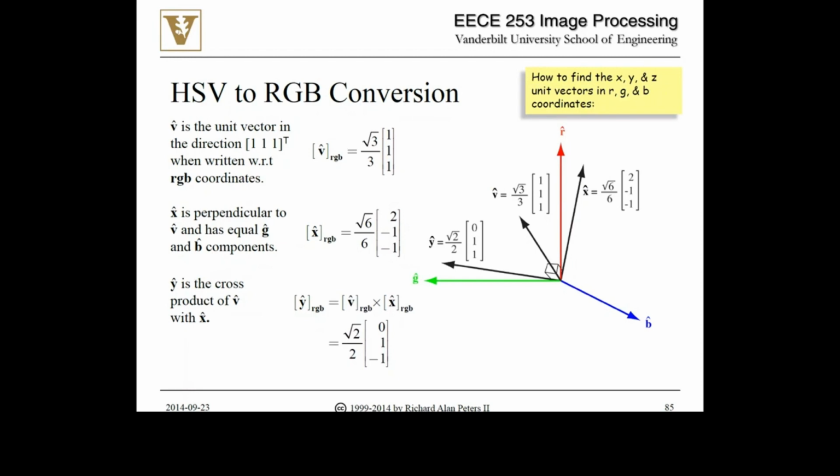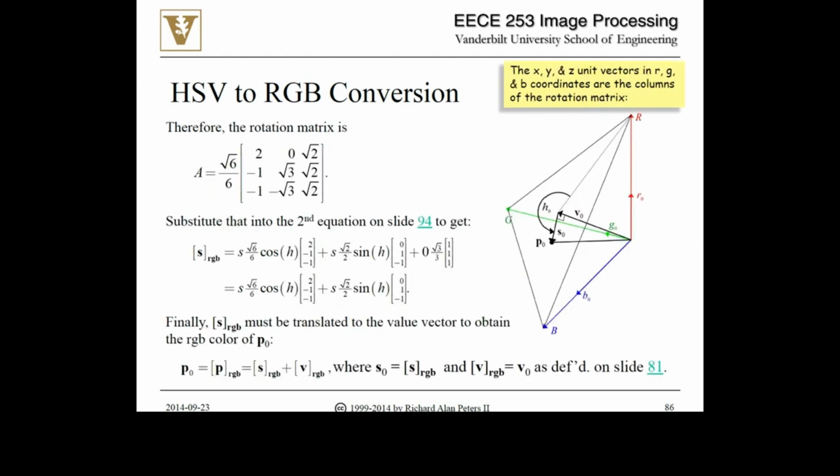So now we have the three vectors. This is the matrix, and now we simply have to multiply the coordinates of S in the XYV coordinate system by this matrix, to get the S in the new coordinate system.